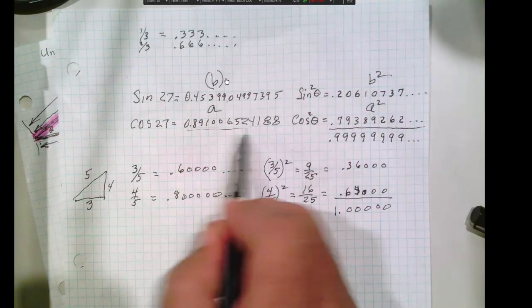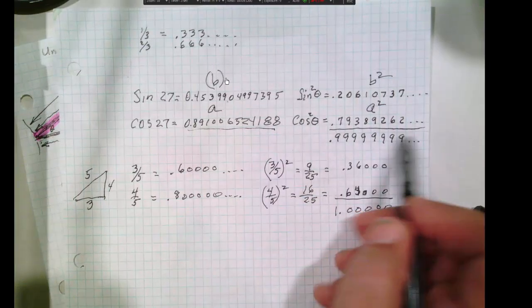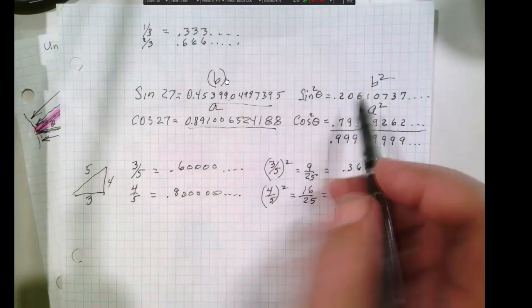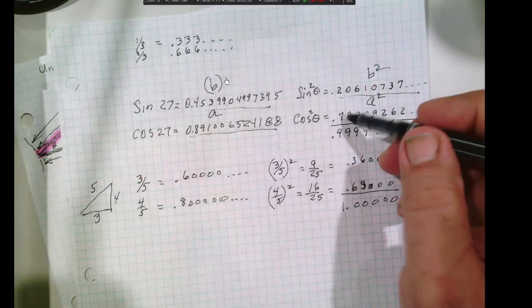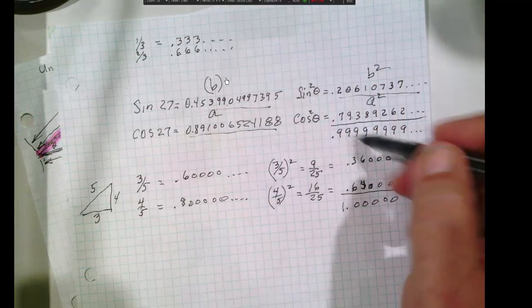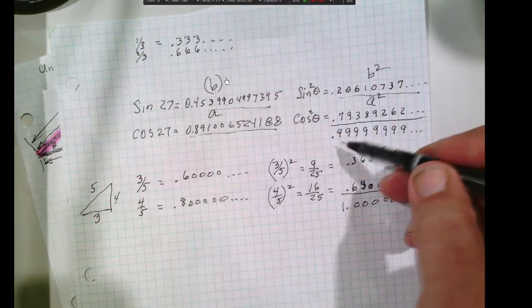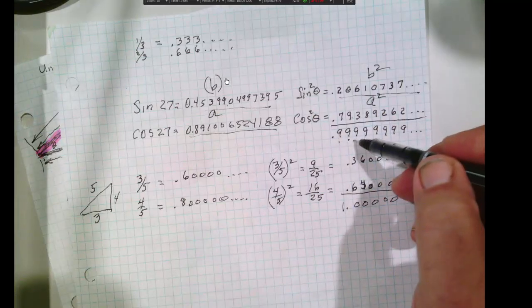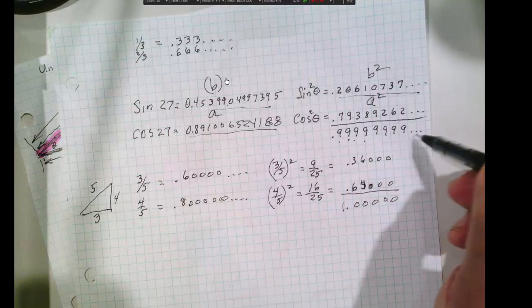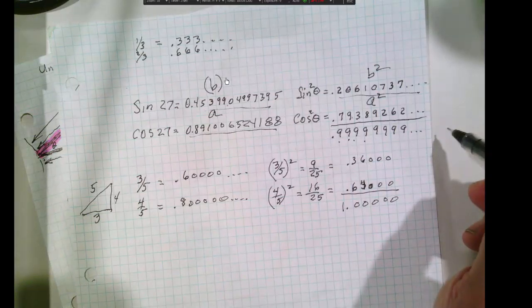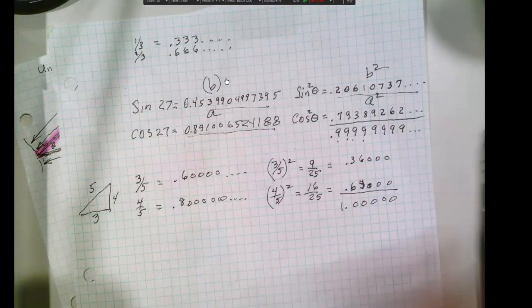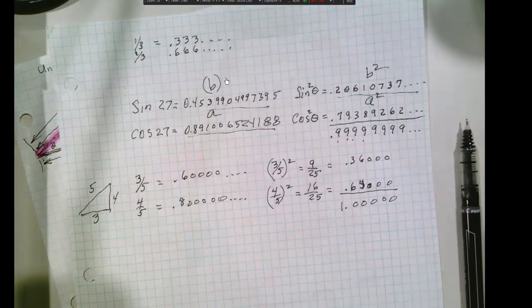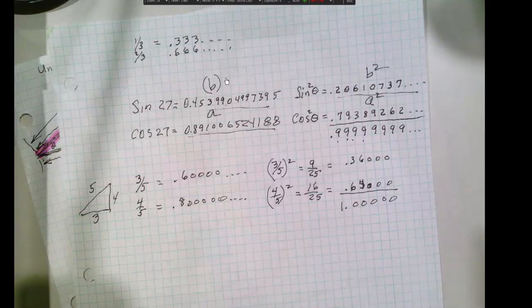So this number squared is this number, and this number squared is this number. And oh, take a look, digit for digit they add to 9. 9/10, 9/100, 9/1,000, 9/10,000, etc., all the way into infinity. So this is a very neat relationship that I just wanted to sort of add into the mix here.